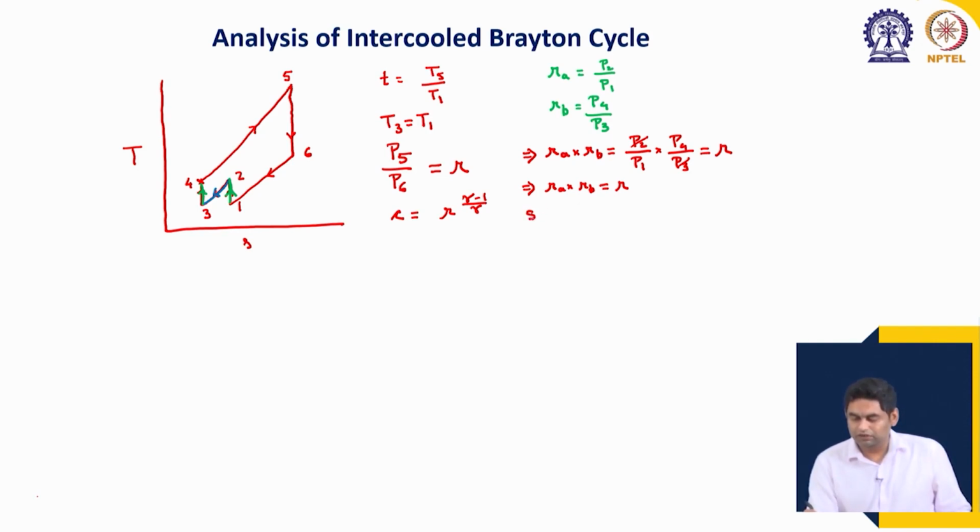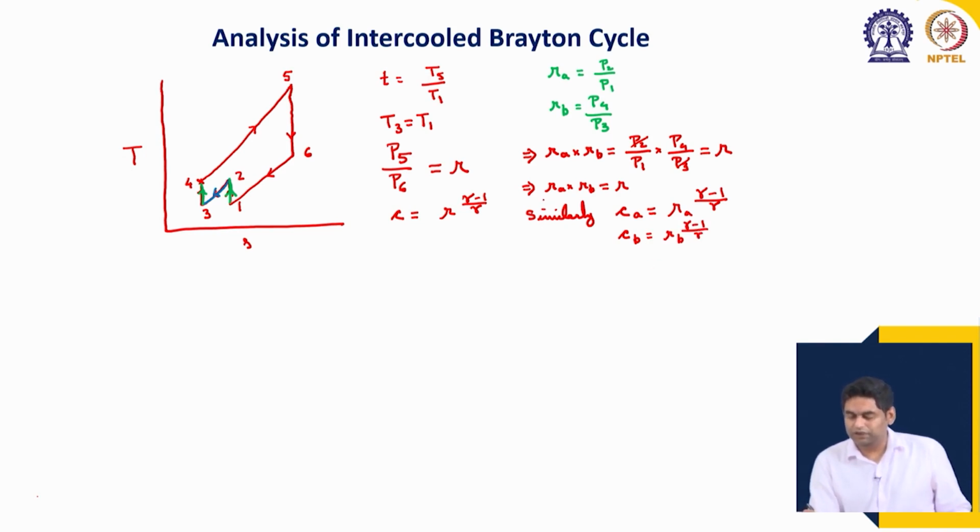So, similarly, C can be defined C A, which is for the process going from 1 to 2. This is equal to R A to the power gamma minus 1 by gamma, okay. And C B is equal to R B to the power gamma minus 1 by gamma.